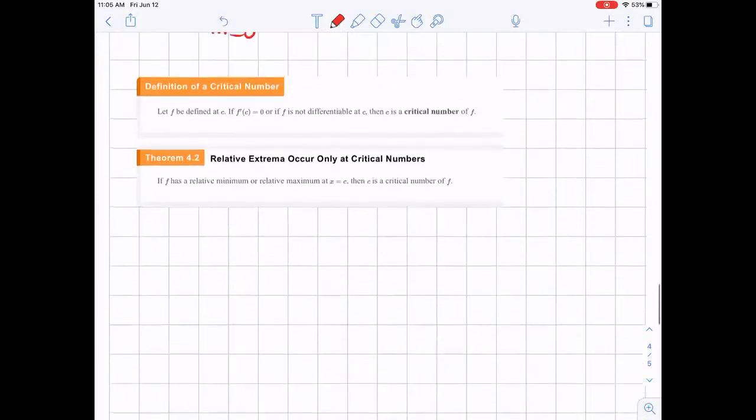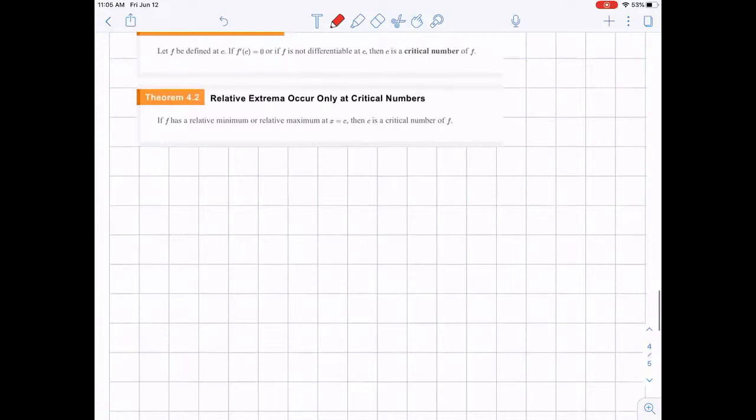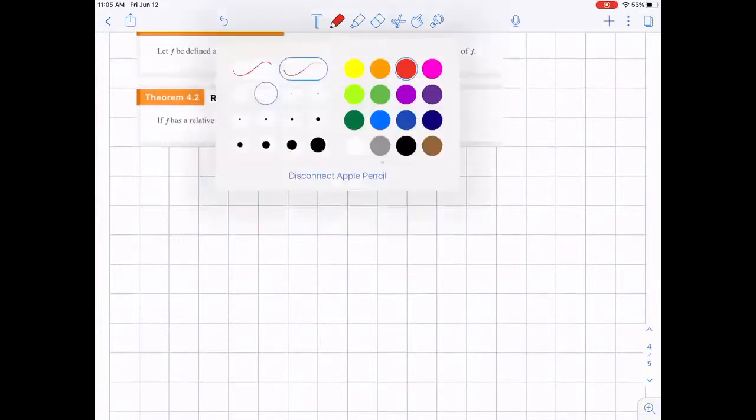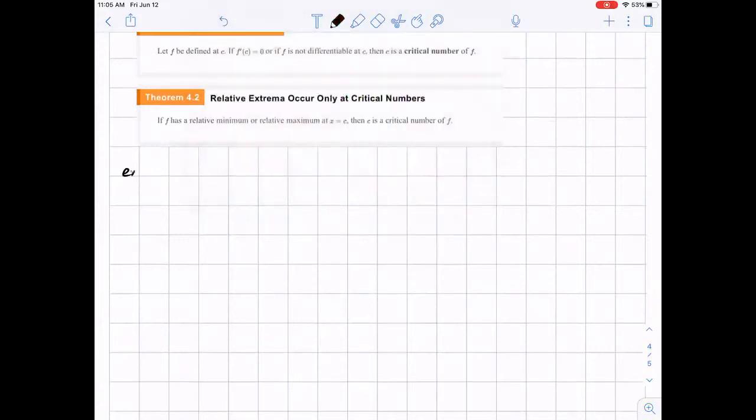Let's look at a very similar, basic example. Find the critical number. Let's say f of x is equal to x squared. Well, we know what the picture of x squared looks like.